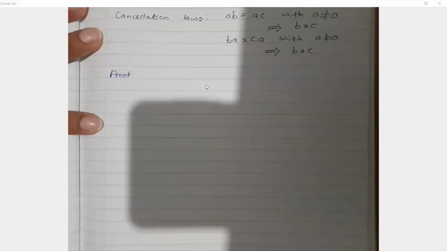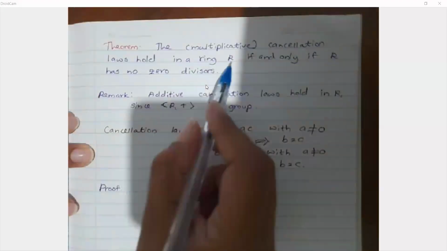Now we have an if and only if statement that we have to prove: the cancellation laws hold in R if and only if R has no zero divisors. So let's first assume that R is a ring in which the cancellation laws hold.